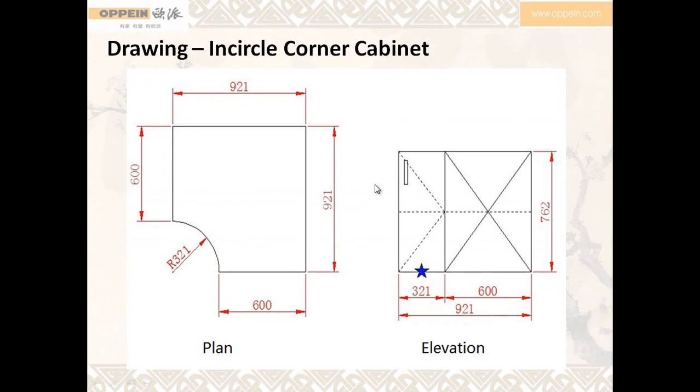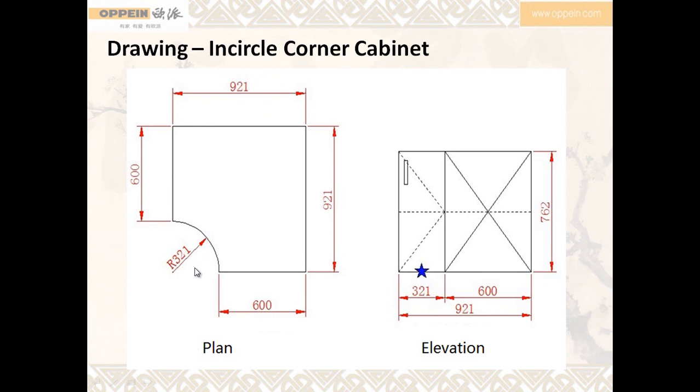Now, let's take this example to learn the pricing of encircle corner cabinet. The picture on the left side is the plan of encircle corner cabinet. Here you can see the width of the cabinet is 921 millimeters, and the depth of the cabinet is also 921 millimeters.